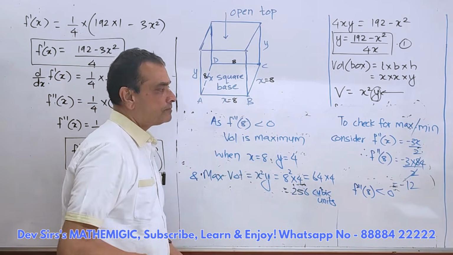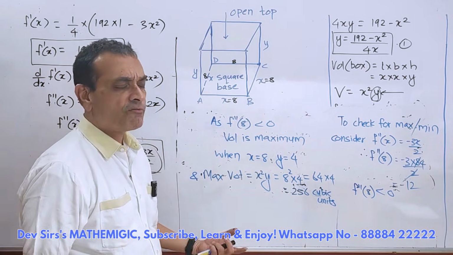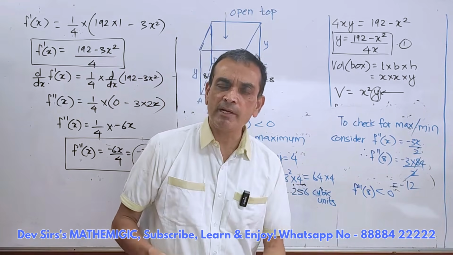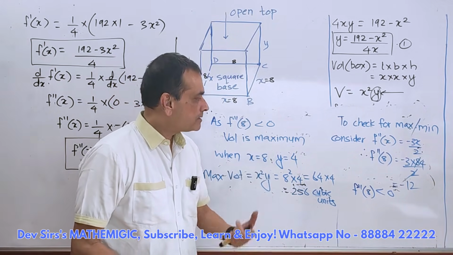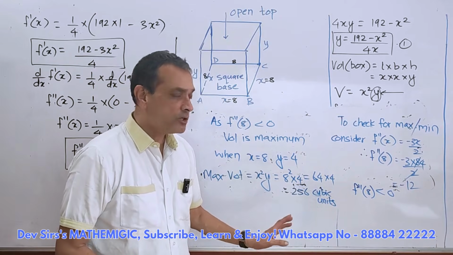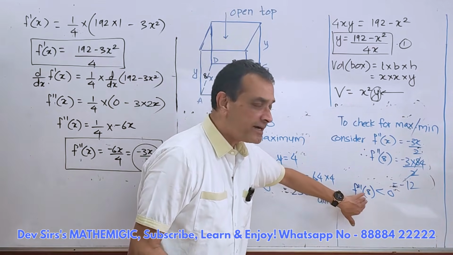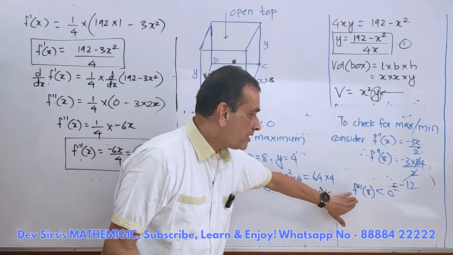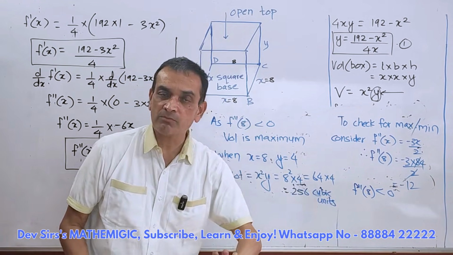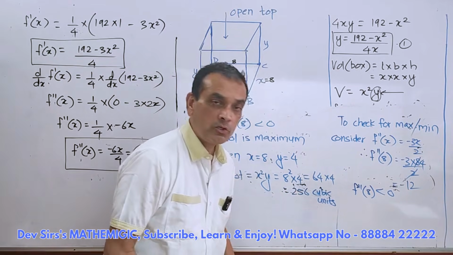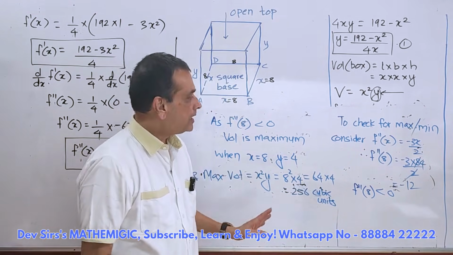And then show that the volume or whatever function, area, is maximum or minimum according to the tests. Remember this that I told you, this is called the second derivative test. That means when f double dash x is less than 0, you get maximum. When greater than 0, you get minimum.